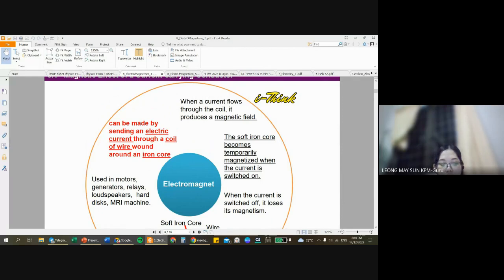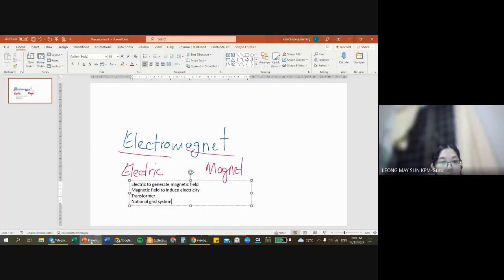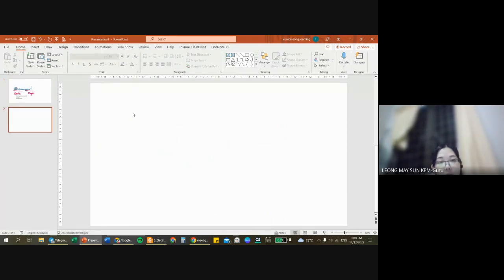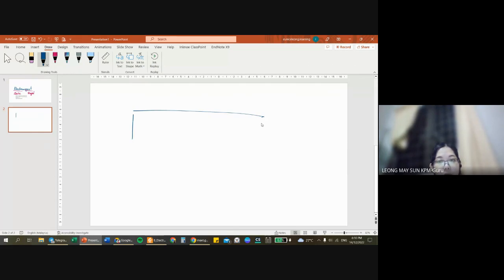When we talk about permanent magnets, there is an existence of a north pole and a south pole directly. If we have a normal magnet, we have the north pole and the south pole, and we know that the magnetic field lines come out from the north pole and enter the south pole. So all these are magnetic field lines.